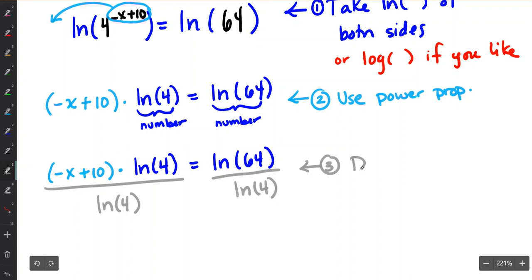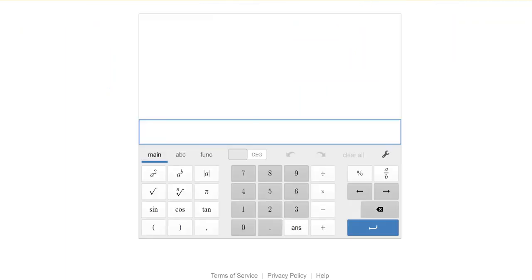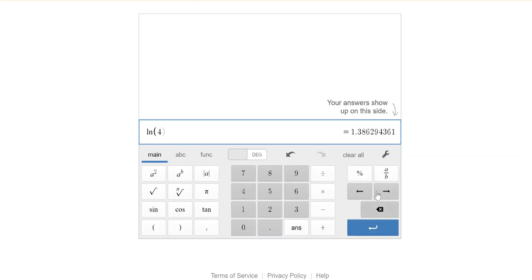We just divided both sides by the ln of 4, which, let's just convince ourselves, yeah, that's just a number. It's e to whatever power is 4, right? So function ln of 4, it's about 1.38, yeah? Or 1.39.